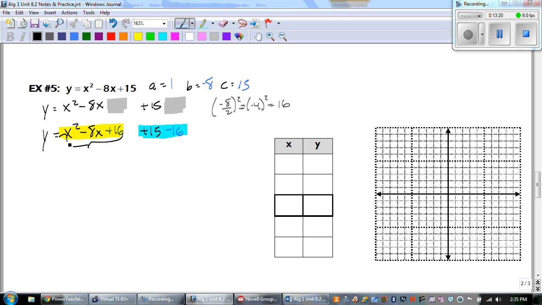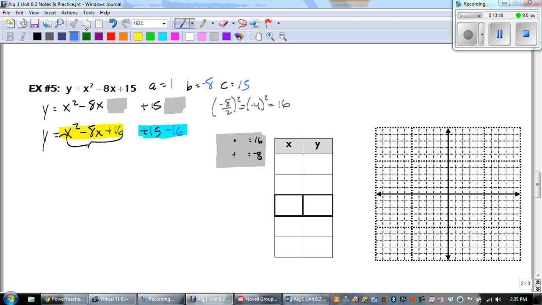And once again, our leading coefficient, the a squared, is, that's right, 1. So now we can factor it, okay, and do that shortcut. So what two numbers multiply to get to 16, but add to get to -8?